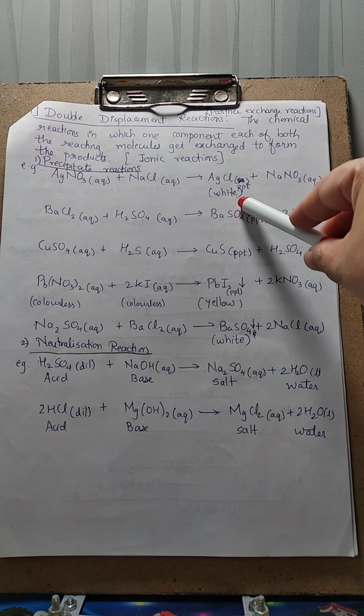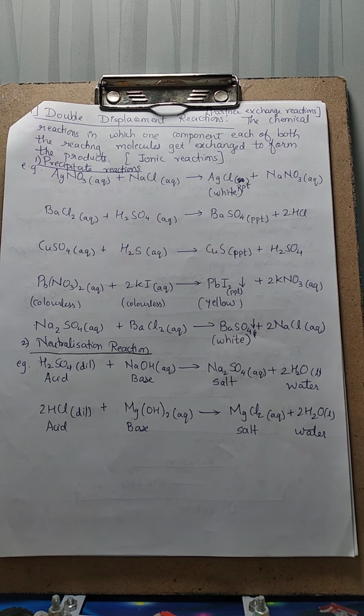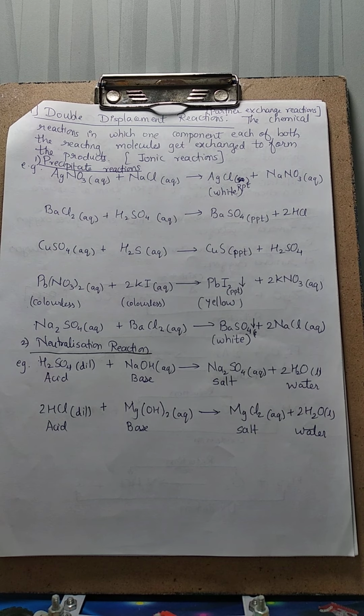So let's try to understand what is happening in a double displacement reaction. The first reaction is the precipitate reaction, where silver nitrate, that is AgNO3, plus sodium chloride gives silver chloride and sodium nitrate.